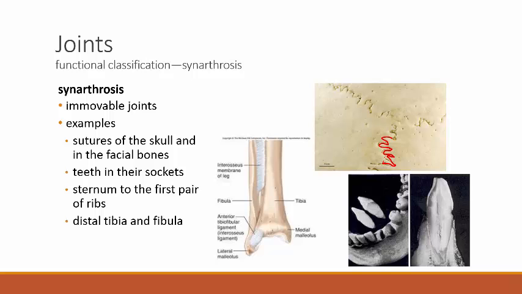And then finally, down at the distal ends of the tibia and the fibula, there is an interosseous membrane, a fibrous connective tissue membrane, that holds the two bones together, and that's a synarthrosis as well. So all of these joints are built in a way that they don't allow movement.